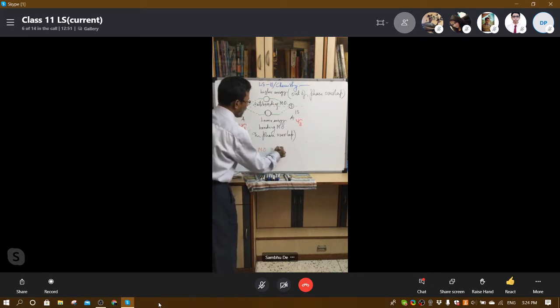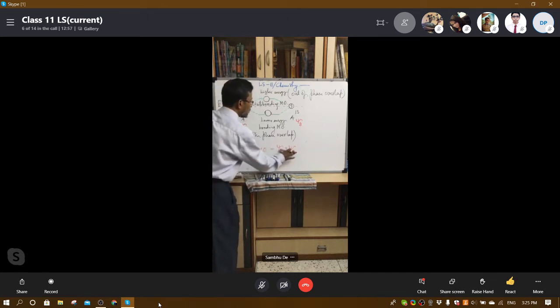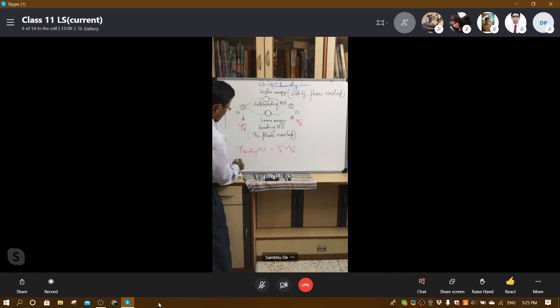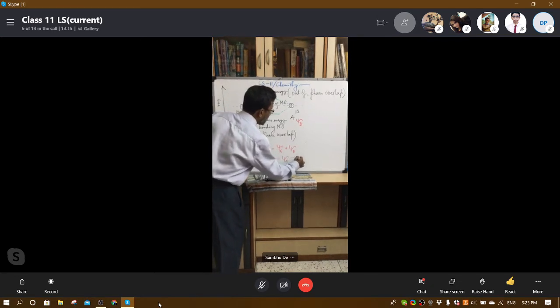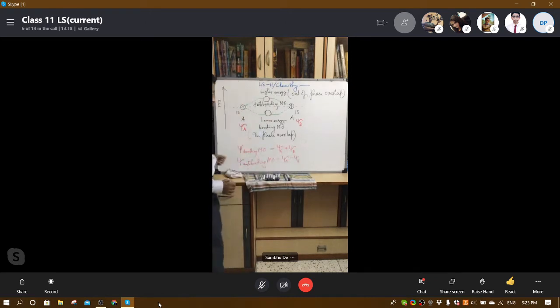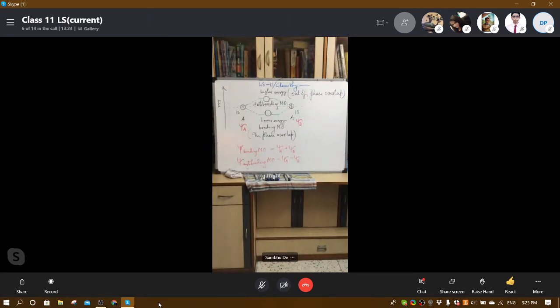It will be psi A plus psi B taken together. And psi anti-bonding, anti-bonding MO, will be equal to psi A minus psi B. That is what the anti-bonding molecular orbital wave function is.